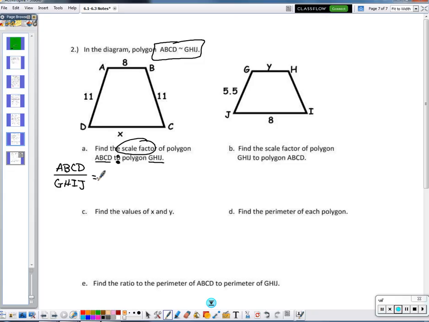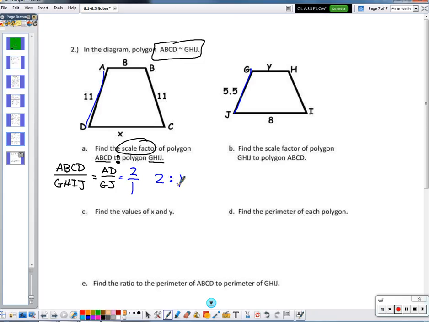So when I look at the sides that correspond to each other, which two sides am I going to pick? Which two sides do I know? 11 and 5.5, specifically AD and GJ. Those are the two sides that I know. And when I take 11 and divide it by 5.5, I end up with 2 over 1. So my ratio is 2 to 1.